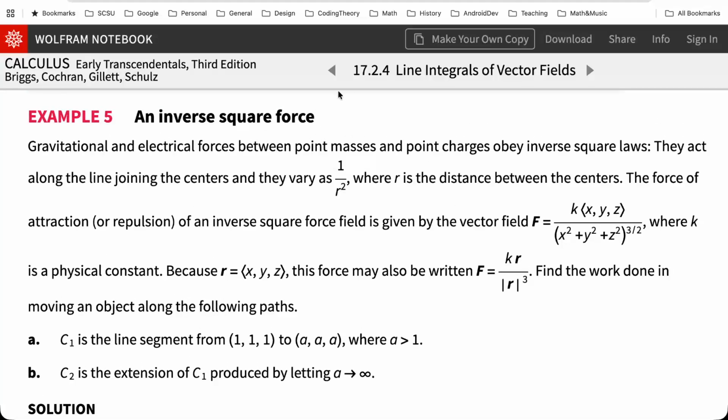A lot of the force fields that you run into in real situations, gravity and electricity, not so much magnetism, but anyway, gravity and electricity obey an inverse square law.